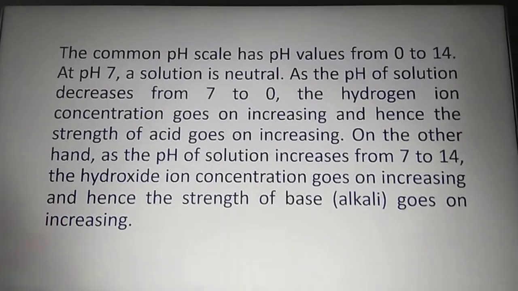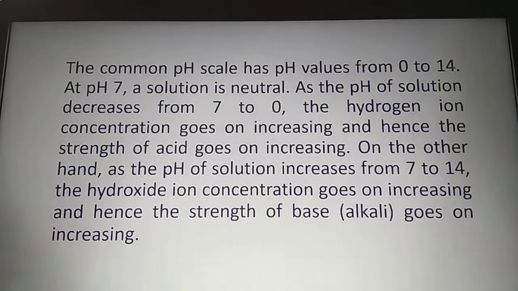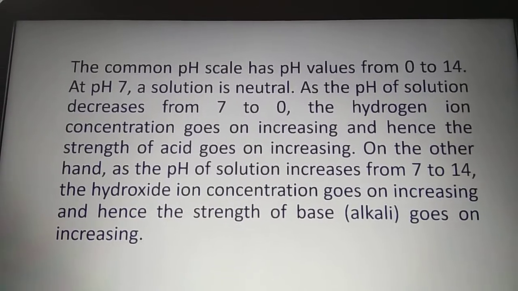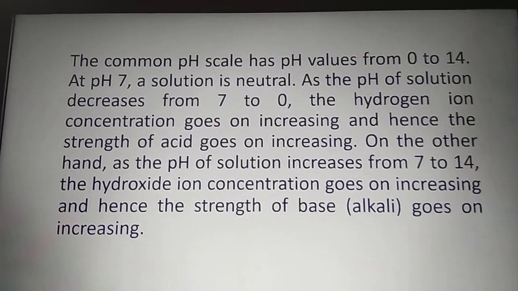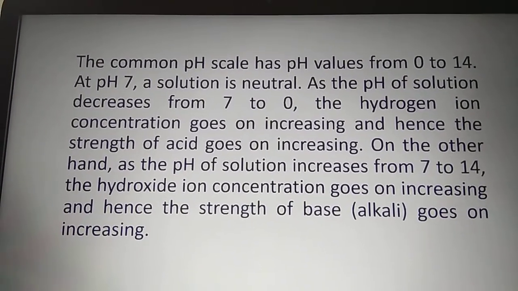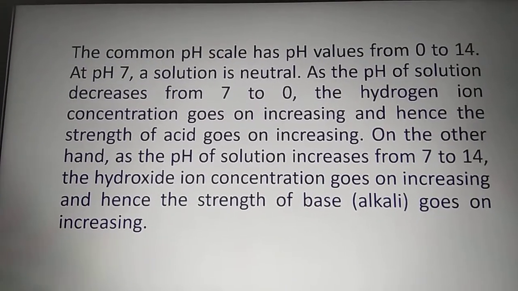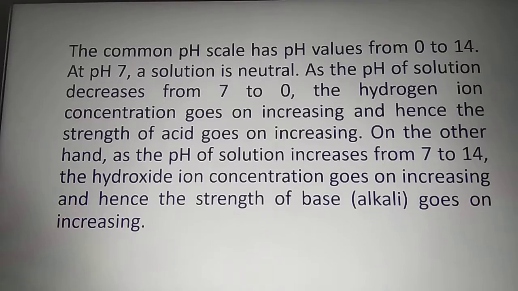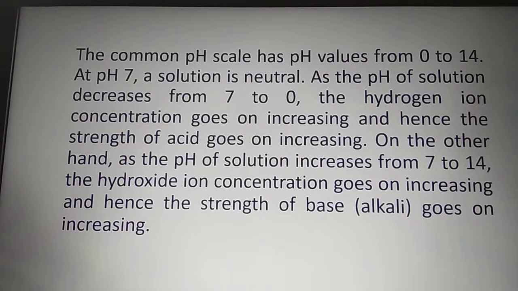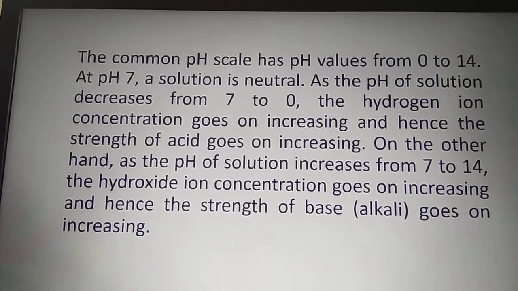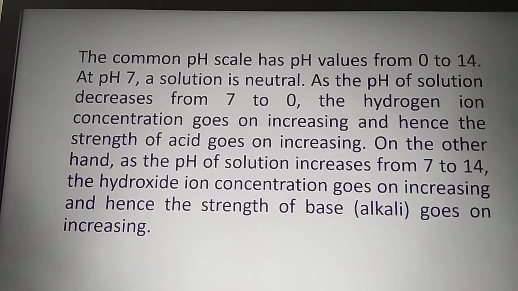See how it is written, the common pH scale has pH values from 0 to 14. At pH 7 it is neutral. If pH decreases from 7 to 0, hydrogen ion concentration goes on increasing. So we can conclude that strength of acid goes on increasing.